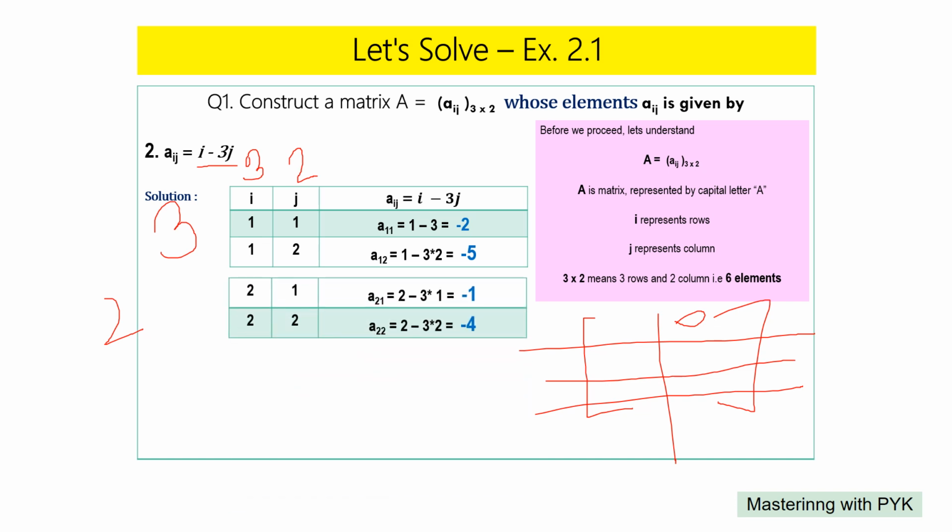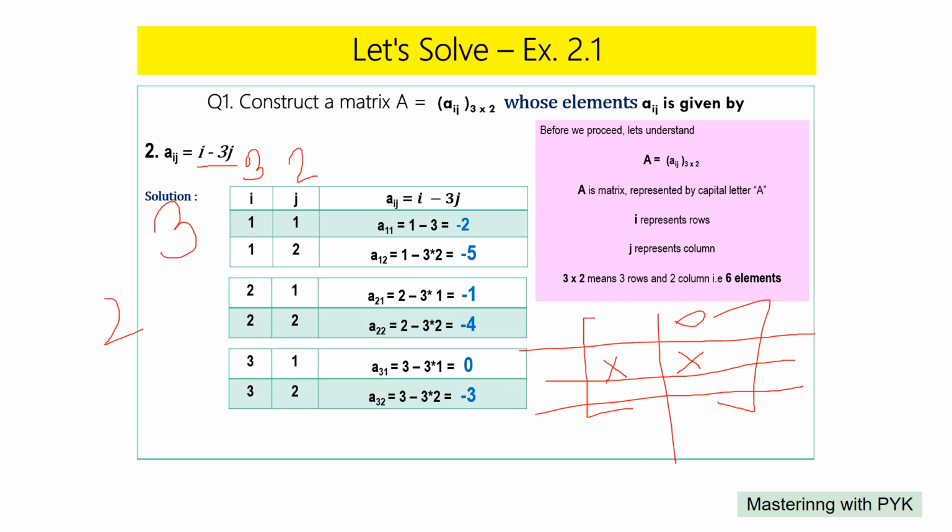In the second row, i is 2 and column is 1. Our element becomes A21. So 2 less 3 multiply 1, which comes out to be minus 1. And A22. This means we are here, second row, second column, that is 2 less 3 multiplied 2, which comes out to be 6. So 2 less 6 will be minus 4.